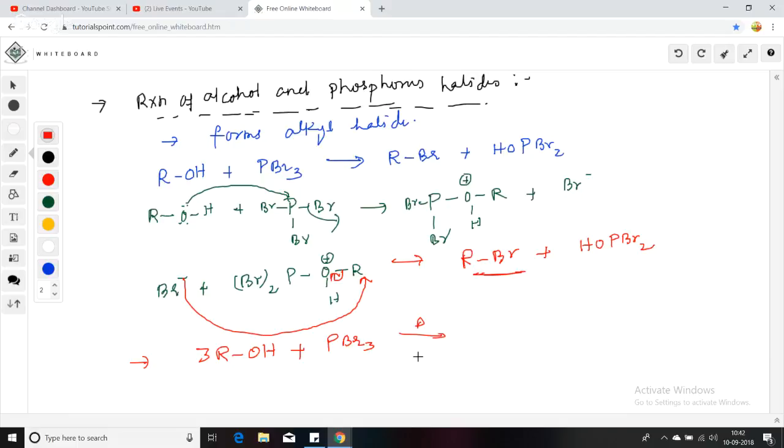So 3 moles, all the 3 Br ions go out. Okay, and the product we get here again we'll get 3 moles of RBr plus H3PO3. You can see the reaction is balanced. We'll get 3 moles of RBr. Okay, so like this, the reaction takes place of alcohol and phosphorus halides. Okay, so these kind of reactions we have.